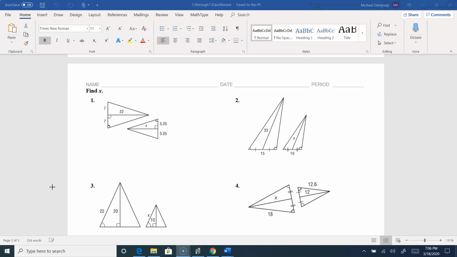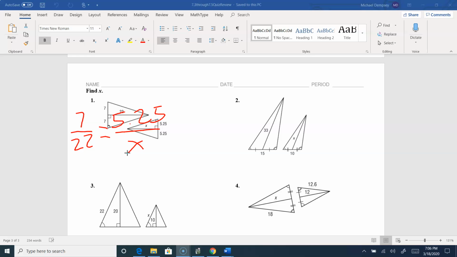They're similar by angle, and in the first one, we can look at 7, a piece of that median of the bottom part of the triangle, to 22, which is the altitude. We can set that equal to, in the smaller triangle, 5.25 over x.